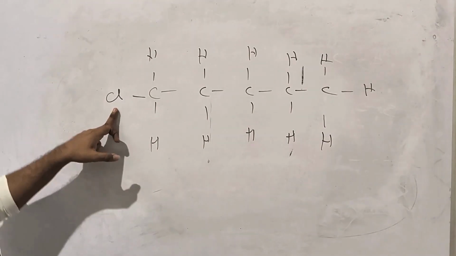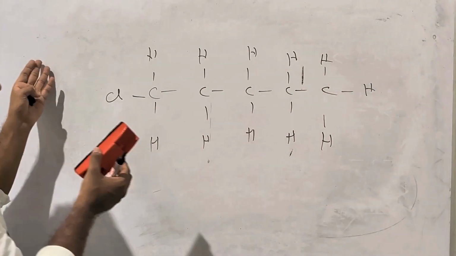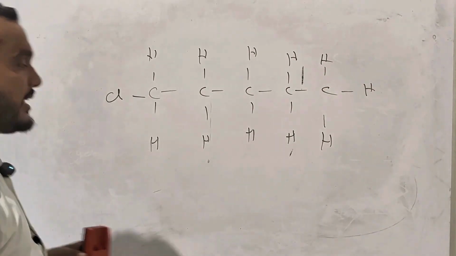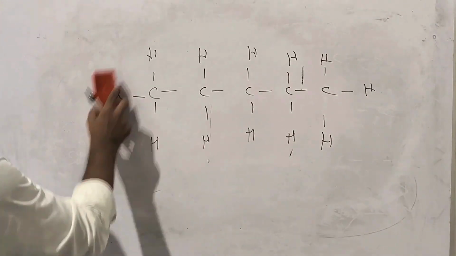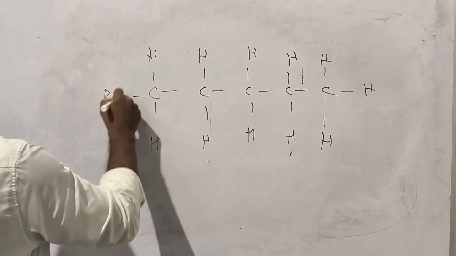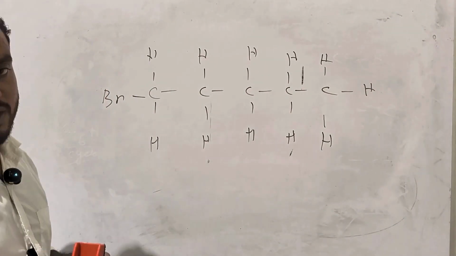Here chlorine is a heteroatom because the valency of chlorine is 1, and the valency of hydrogen is also 1. In this case both are satisfied. So chlorine is a heteroatom. If I add Br, bromine, that is also called a heteroatom.